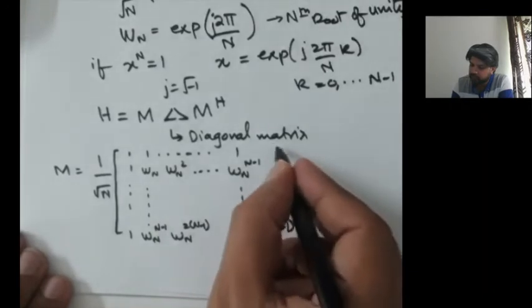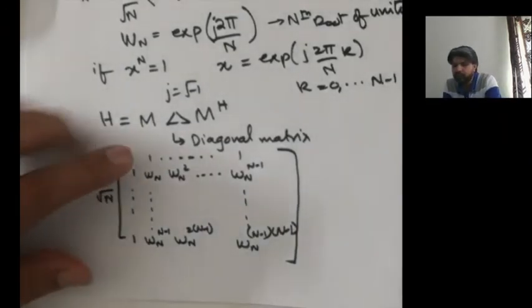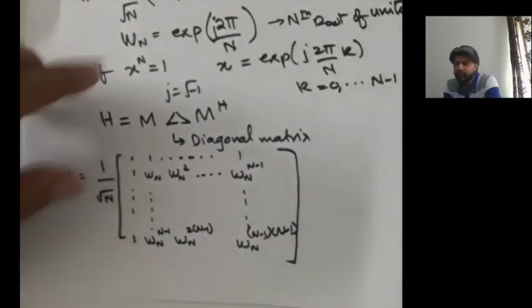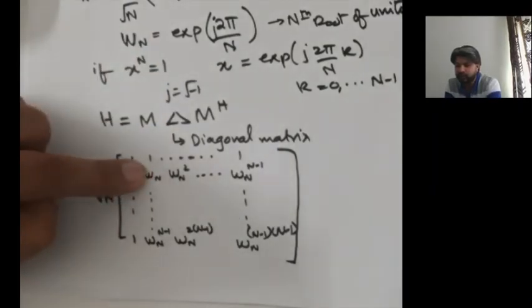So this is your M matrix, where Wn is nothing but e to the power j 2 pi by n.